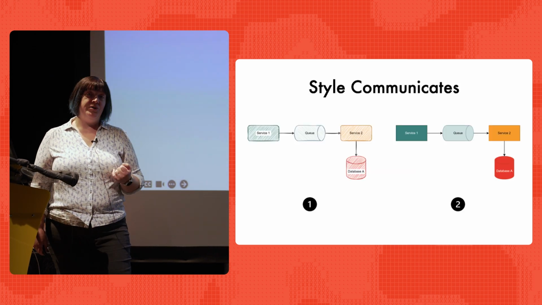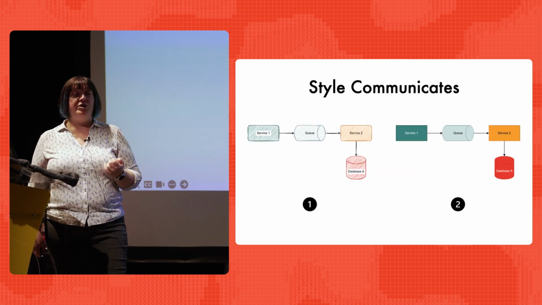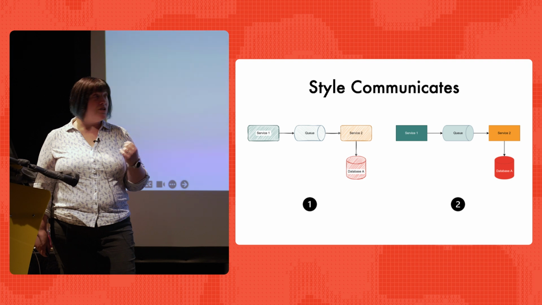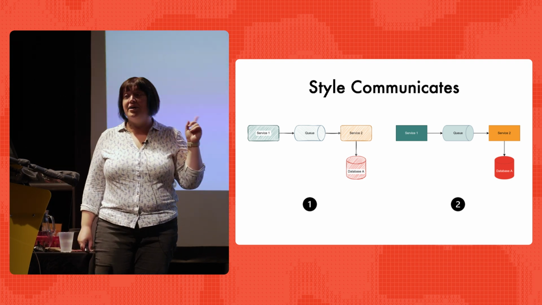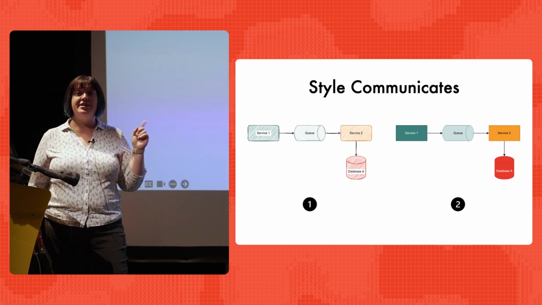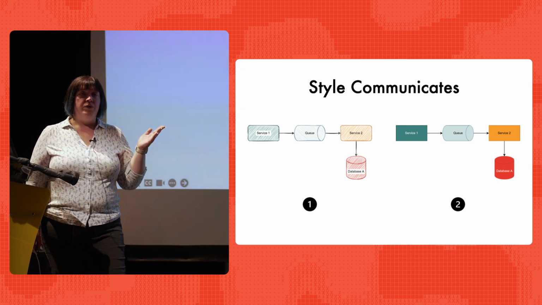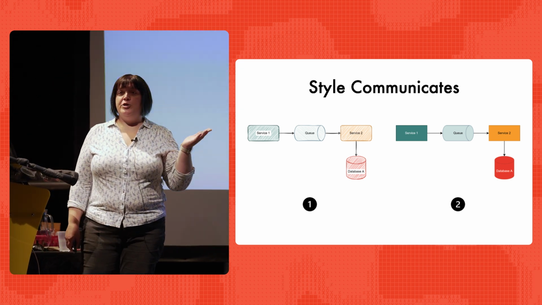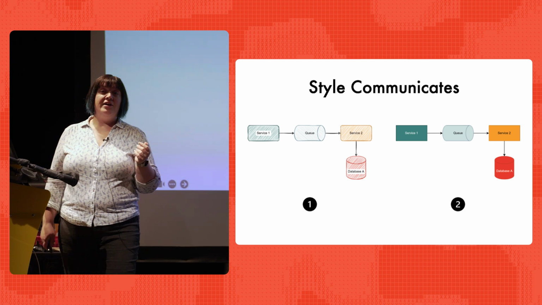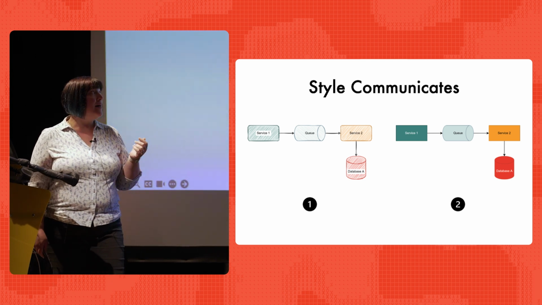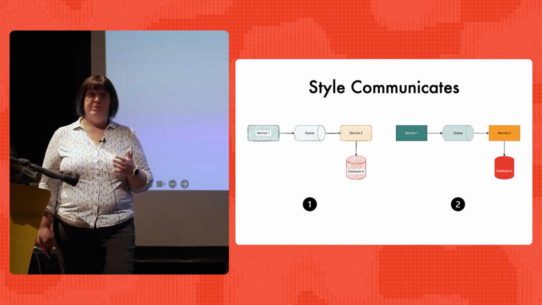Now, the first thing I want to show you is that style communicates. We've got 2 diagrams here. They are exactly the same, apart from the style. Which one in your head is the most formal? I think we could probably all agree that it's going to be number 2.